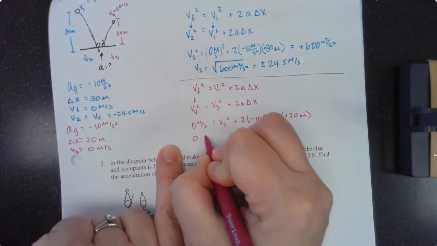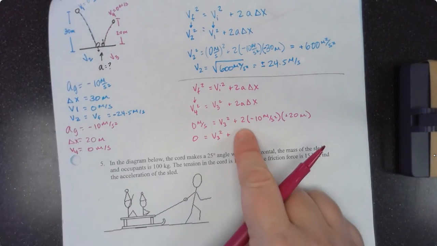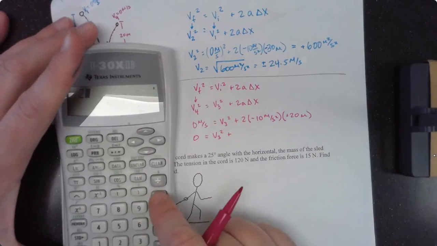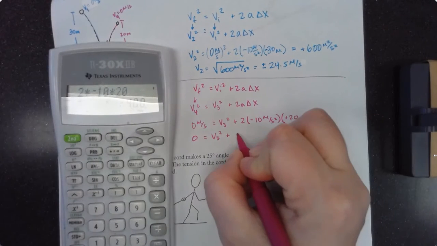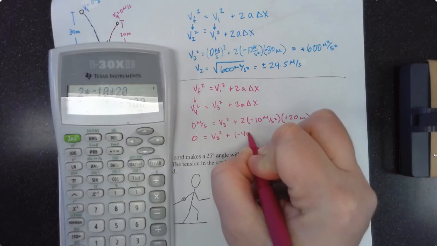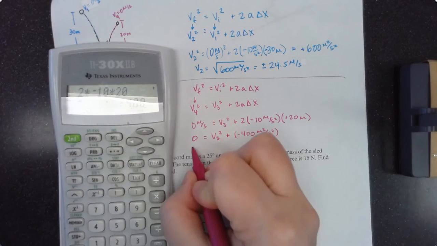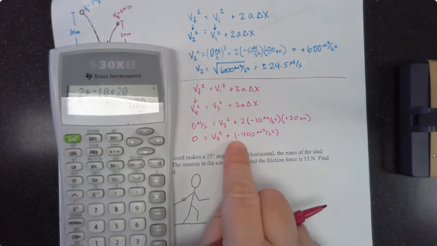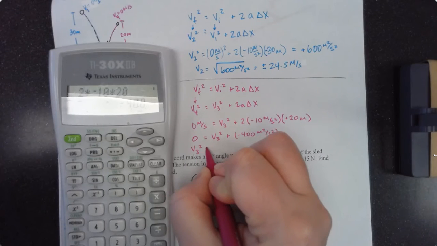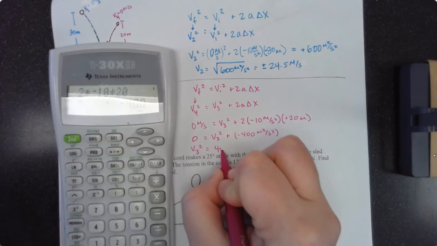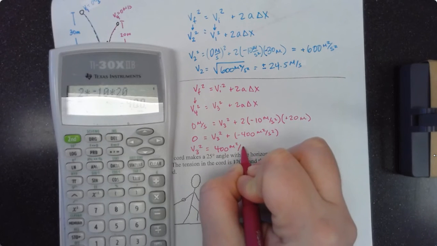So we have 0 equals velocity 3 squared plus 2 times minus 10 times 20. So this is going to be minus 400 meters squared per second squared. So I need to add 400 to both sides. So my velocity 3 squared is going to equal 400 meters squared per second squared.